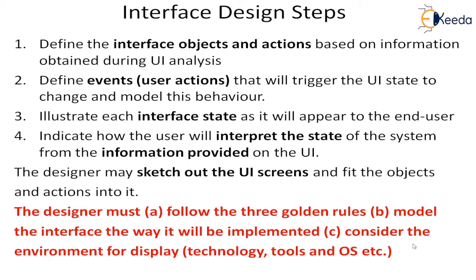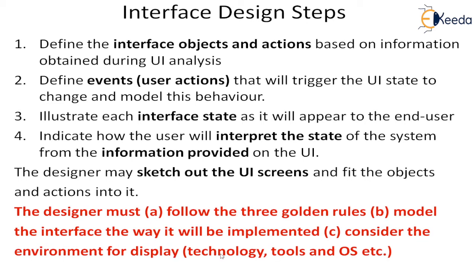It will also consider the environment for display. So two things will be understood: the way the interface will be implemented for the user, and also the way the technology tools and the operating system will be used to display it.